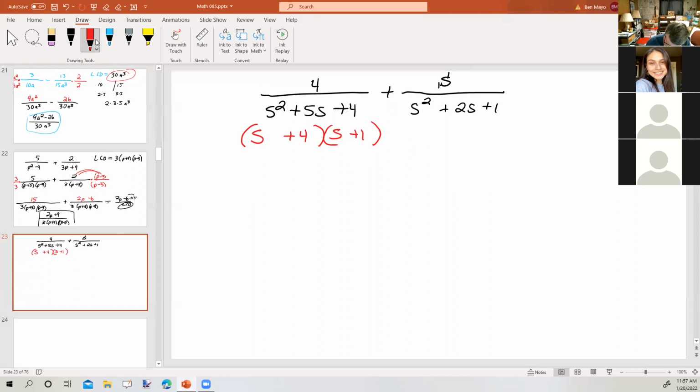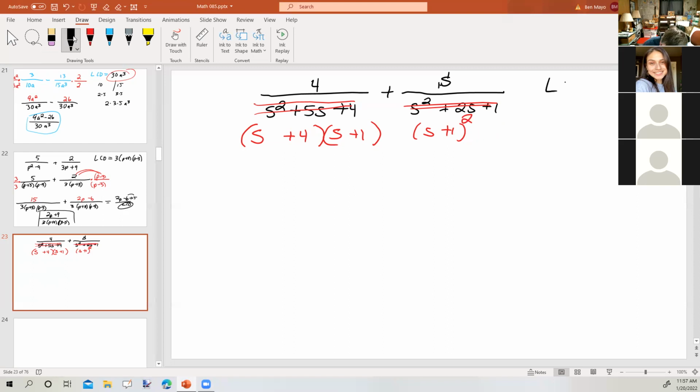So s squared plus 5s plus 4 is s plus 4 times s plus 1. S squared plus 2s plus 1 is s plus 1 times s plus 1, or I could write it as s plus 1, the quantity squared.